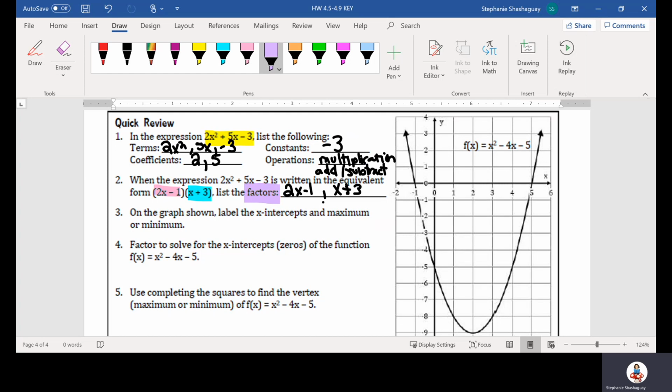On the graph, label the x-intercepts. So I'm going to label my x-intercepts, which are right here. So this would be x is equal to negative 1, and this is x is equal to 5.